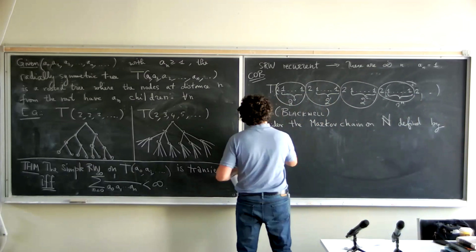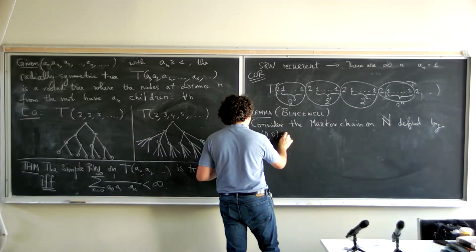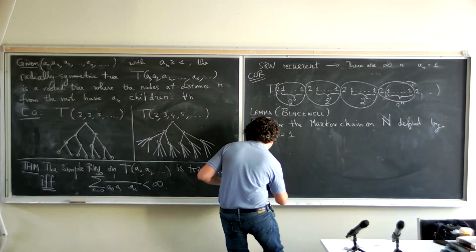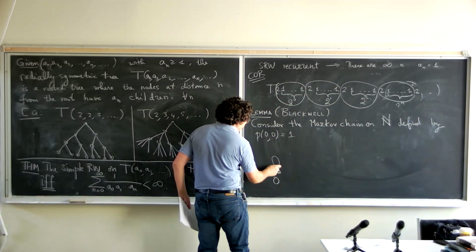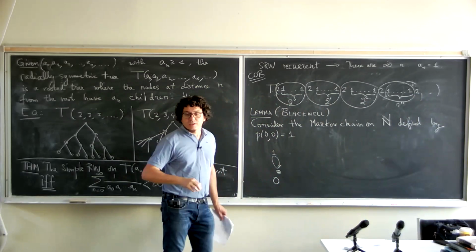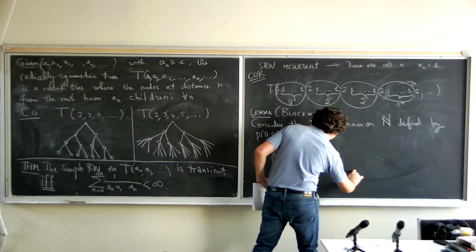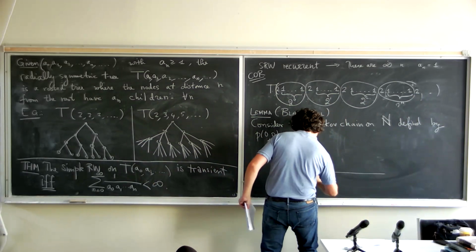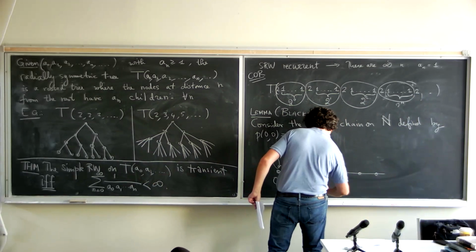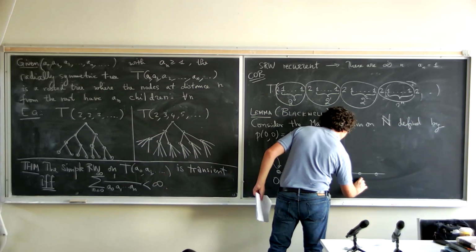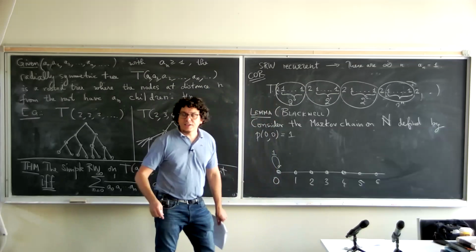So P of 0, 0 is 1. So if you're at 0, P 0, 0 means the probability of going from 0 to itself. So it's 1. What's a Markov chain? You just have a set of states, which in this case is just the integers, 1, 2, 3, 4. So you have countably many states.